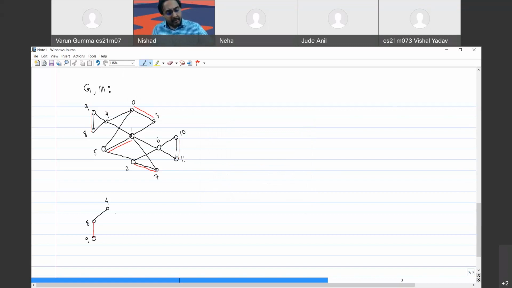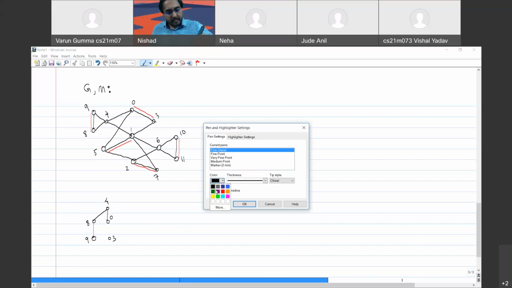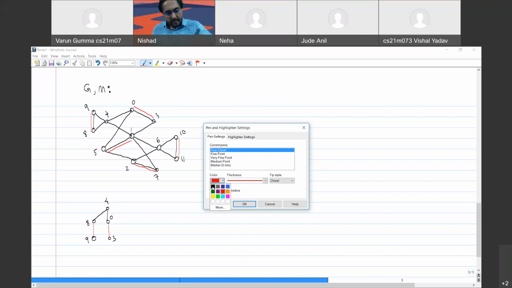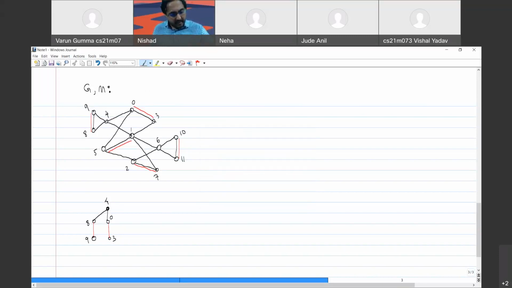So let me add both of them, 0 and 3. Let me also color these vertices: this is black, this is black, this is black. 4 has one more neighbor, 1, which is matched to 5.